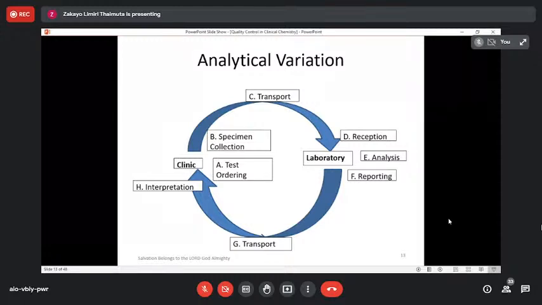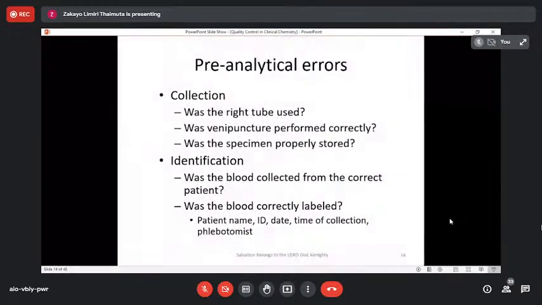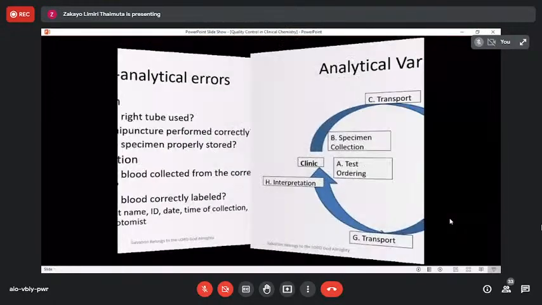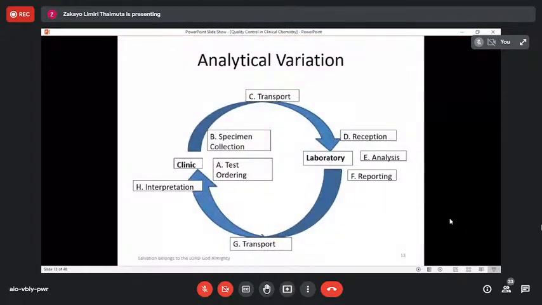These errors include transcription error, which we mentioned earlier on. Here again, you can be copying results from the report to your diagnostic book, and you end up writing something else that is not what was indicated. The worst thing that can occur is when you don't know why you are ordering that test.